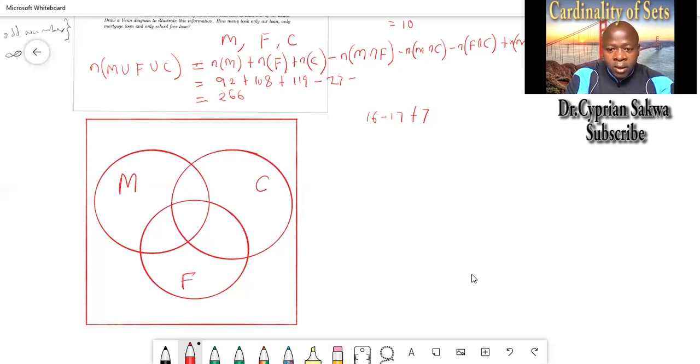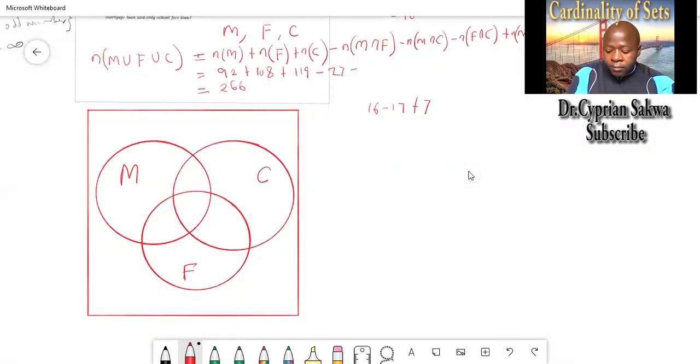Let's go back to the question and get the details. When you're drawing this, remember the circles here represent the sets. This one represents those that took mortgage, this one those that took car loans, and this one those that took fees loans. And the rectangle must be there to represent the universal set.